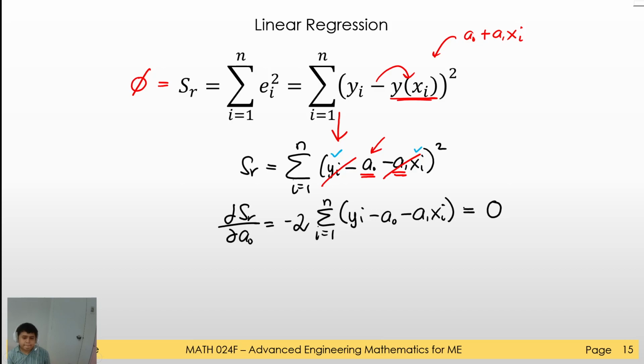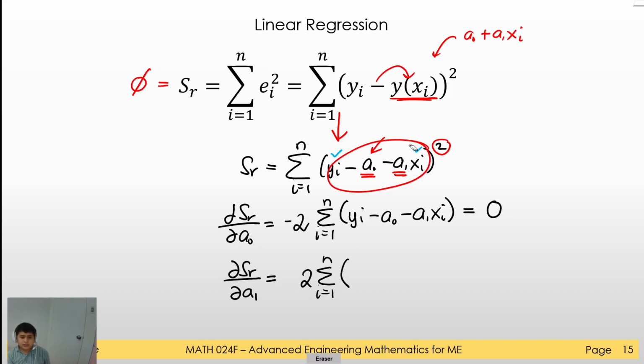Okay, so let's set this aside for now, and then let's find the partial derivative of this function with respect to the other variable, a1. So again, power rule. So 2, and then summation of i equals 1, and then find the derivative of this via the chain rule.